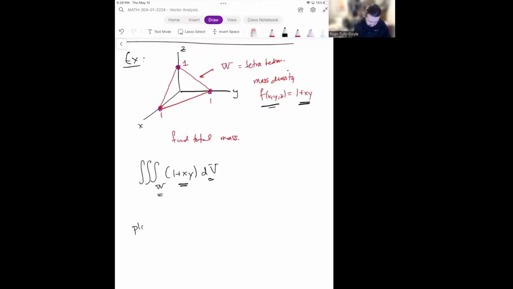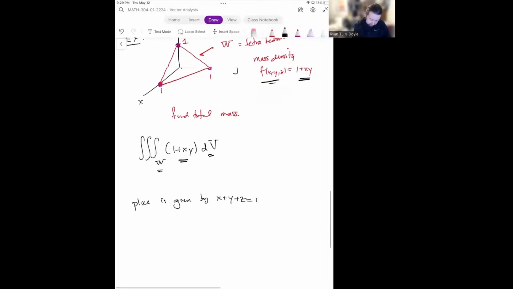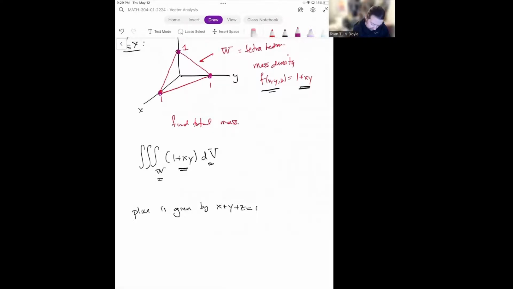So if I think about a point located on that plane, sitting over some point (x, y) in the xy plane, then its height is given by z equals 1 minus x minus y. That's the top, where we actually hit the surface. And the bottom is, since the tetrahedron is sitting on top of the xy plane, z equals 0.